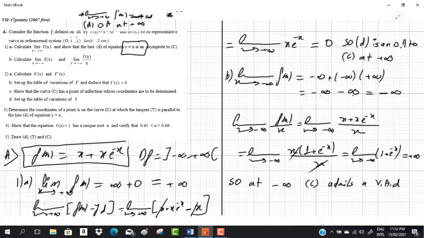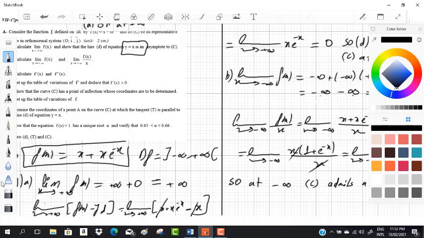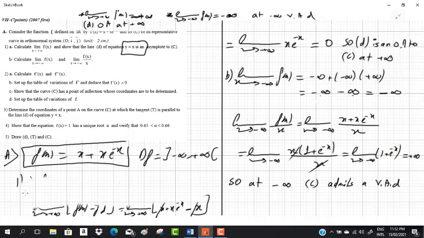And we showed that the limit as x tends to minus infinity of f of x equals minus infinity, and at minus infinity we have a vertical asymptotic direction. We need to write these results because we will need them for the table of variation.